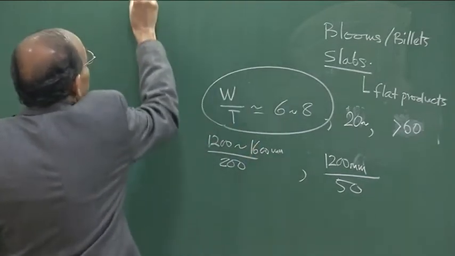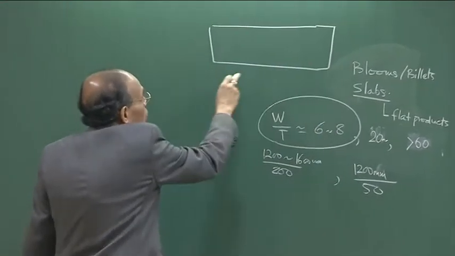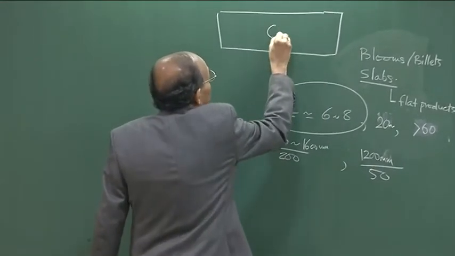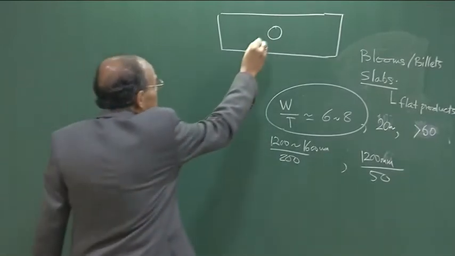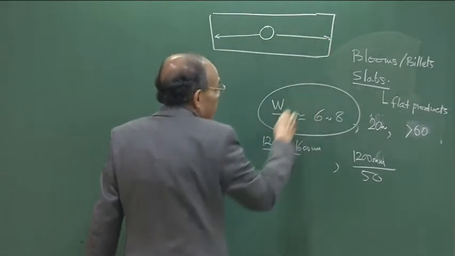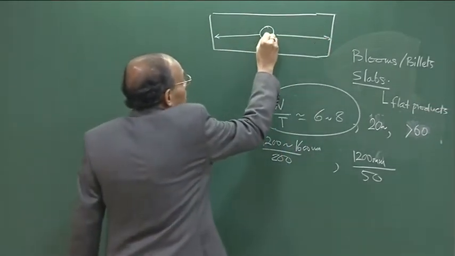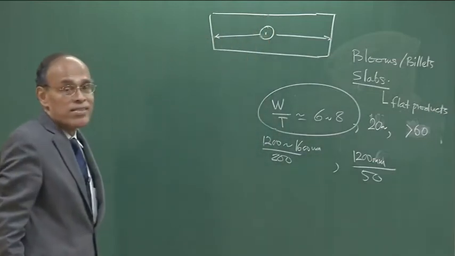The cross section now is, we have a narrow face, we have a wide face, and we have an SEN here. From the SEN, transferring of heat, as we have seen from the center, this distance could be 6 or 8 times longer than this particular distance.